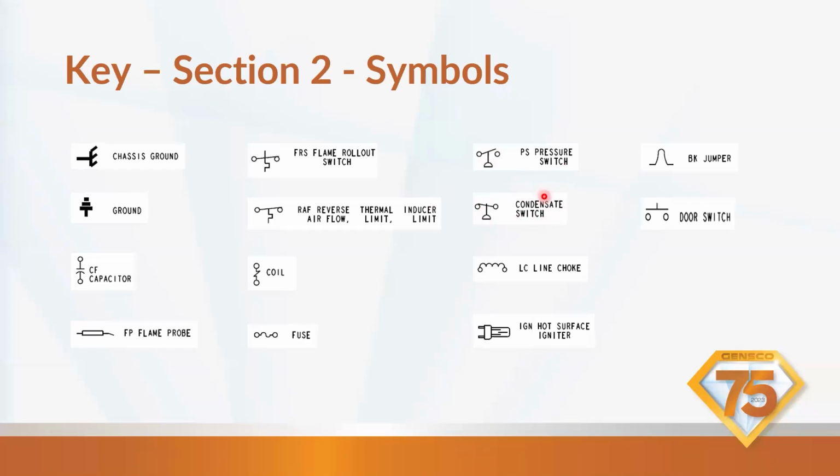Also, you'll see in some of our 90% furnaces, and actually all of our newer ones, all the S models, are going to have a condensate switch. You'll notice this is still a pressure switch, and it is normally closed, but it's actually going to open on a pressure drop. So this should stay closed, and then when our condensate trap is plugged, it's going to get a pressure difference.